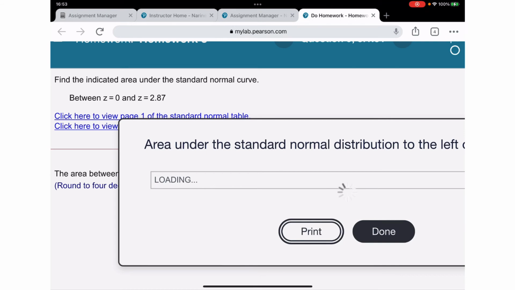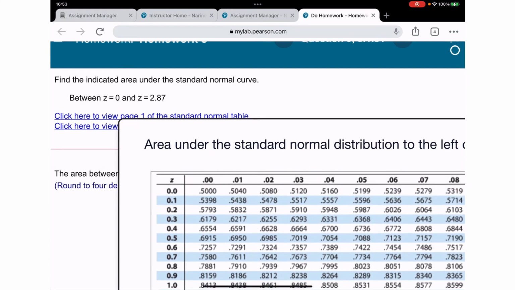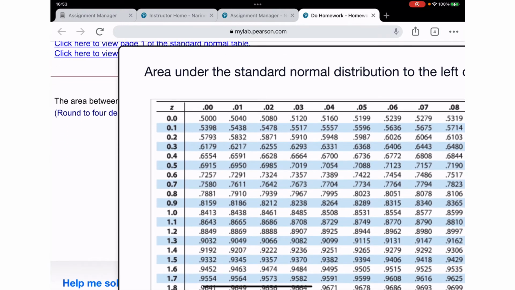0.00. Here it is, 0.00, it's 0.5. Why? When the z-score equals 0, it's going to be 0.5 because when it's normally distributed, it's split 50-50. So 0.5.